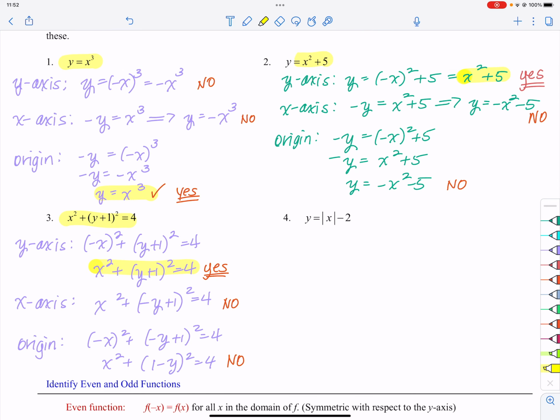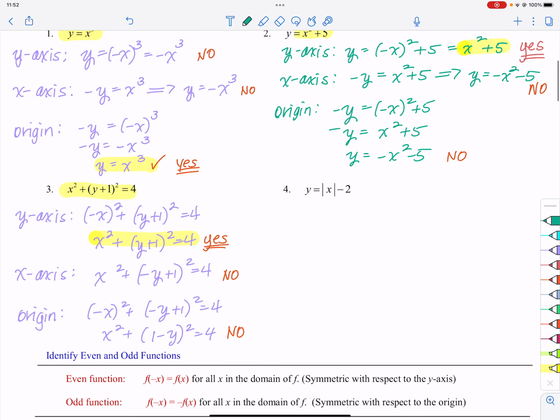And in number 4, let's check symmetry with respect to the y-axis. And here we'll replace x with negative x. And taking the absolute value, I end up with, I could just write to the right, and that is a yes.